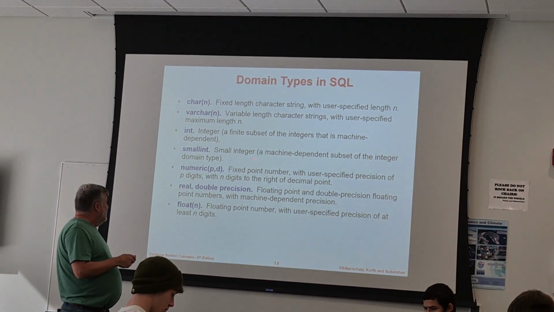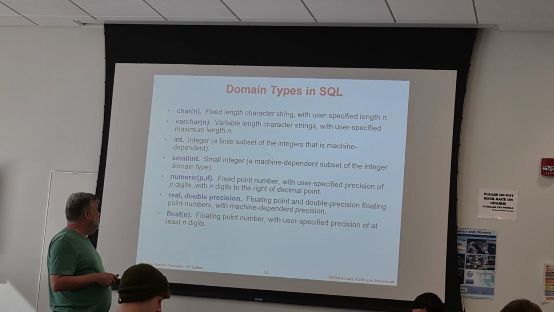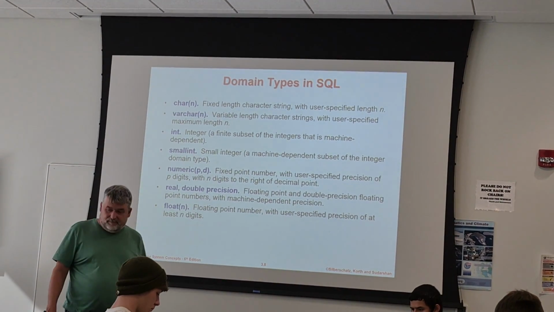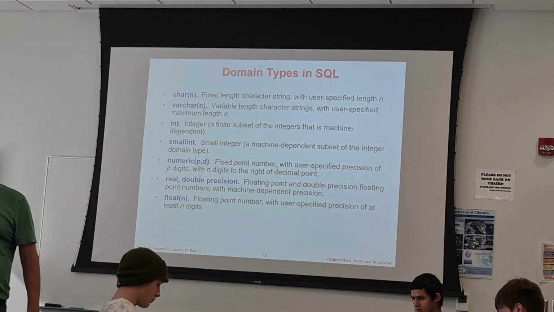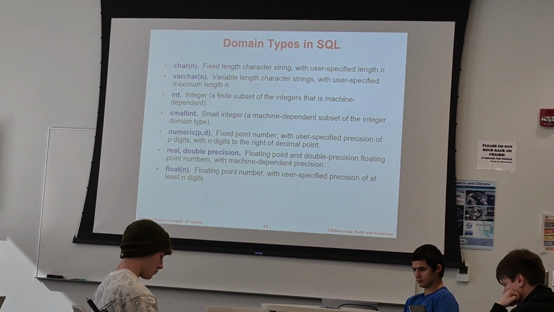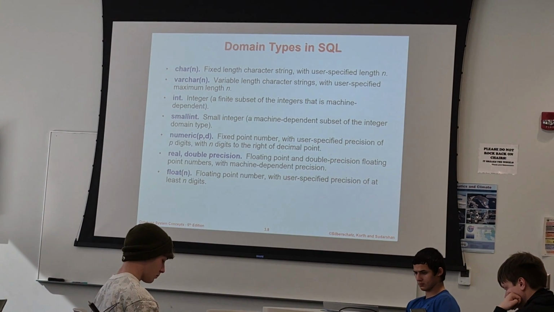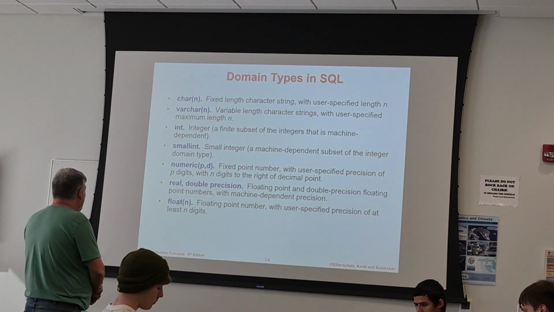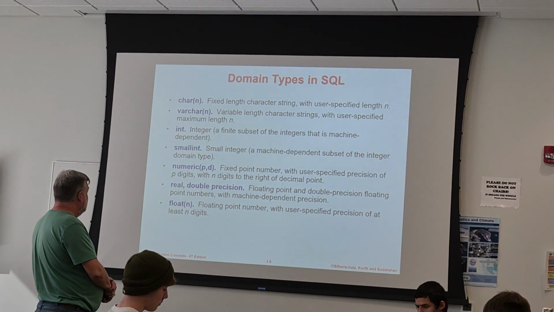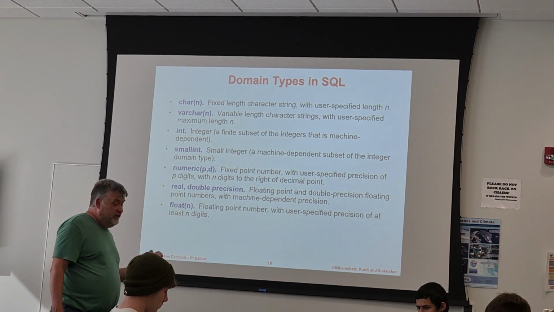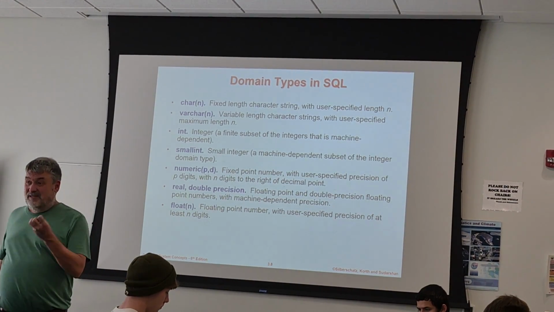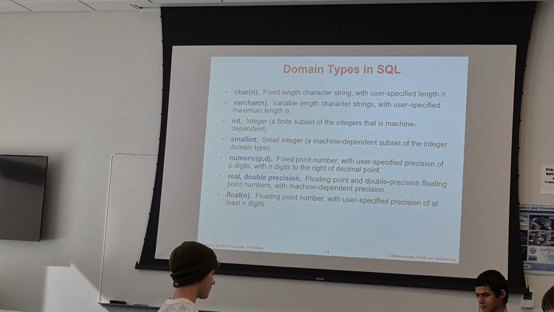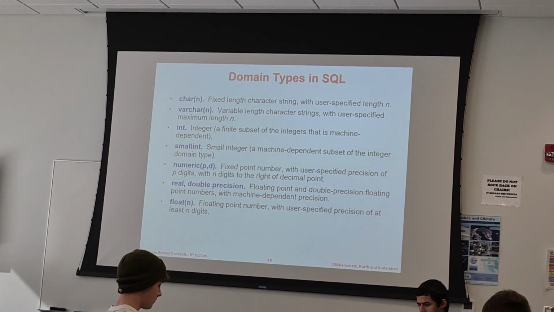And there again, it depends on which machine SQL is installed upon exactly what small int means. In fact, that goes for all of these data types. They're all sort of machine dependent, but it is a little bit annoying to know that. It's really the difference between Windows computers and Macintosh computers and Unix computers, where the actual sizes of things may be different. That's where the machine dependency comes in.